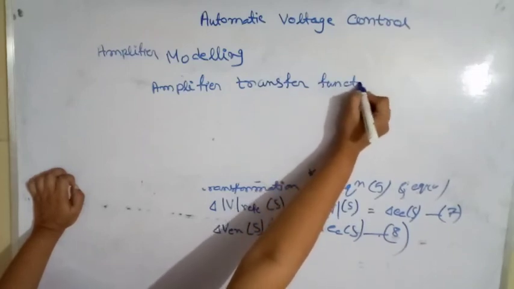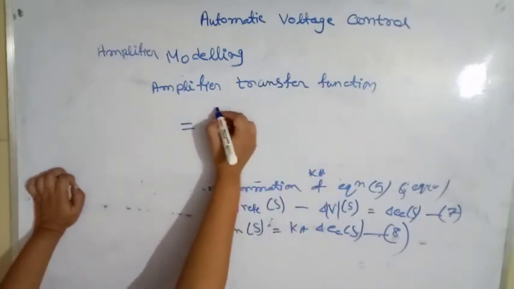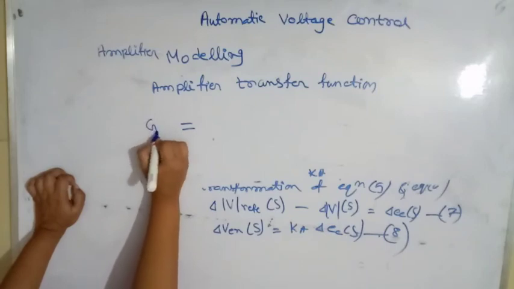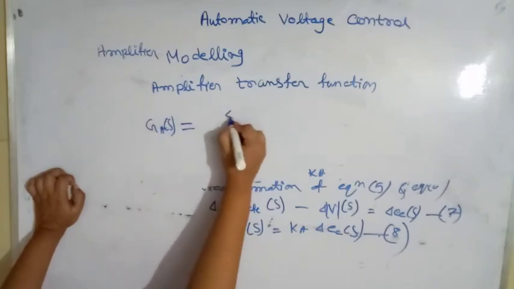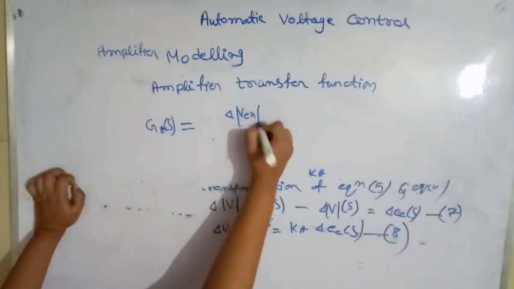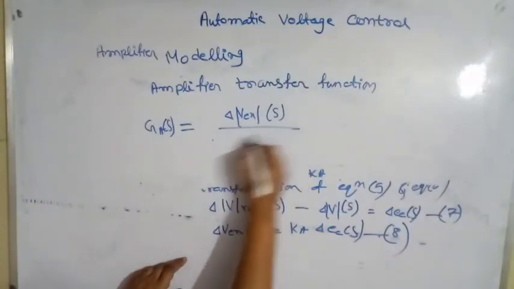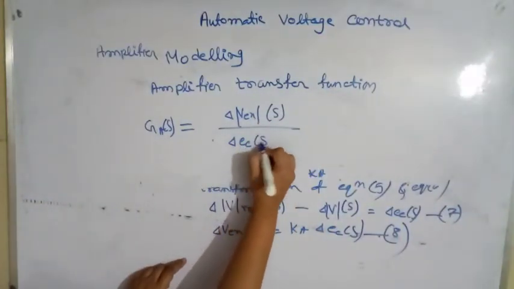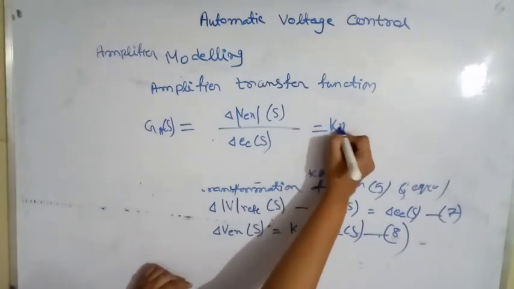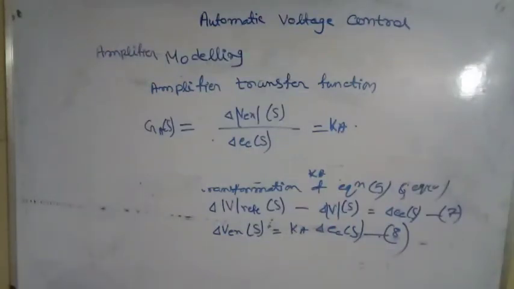The transfer function Ga(S) is equal to delta Vex(S) by delta Ec(S), which is equal to Ka, that means the gain of the amplifier. Though the amplifier response shown here is instantaneous, in practice the time response of the amplifier, Ta, ranges from 0.02 to 0.08 second.